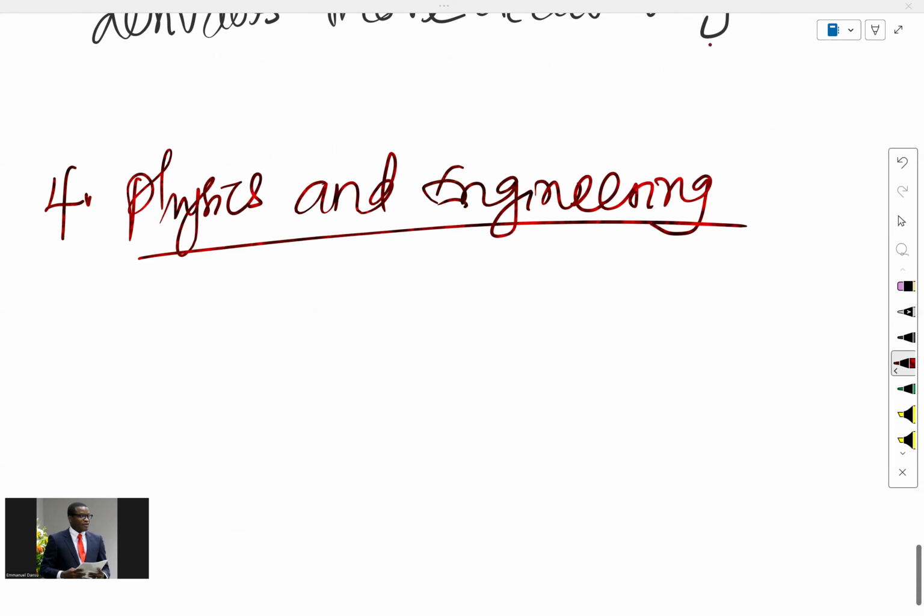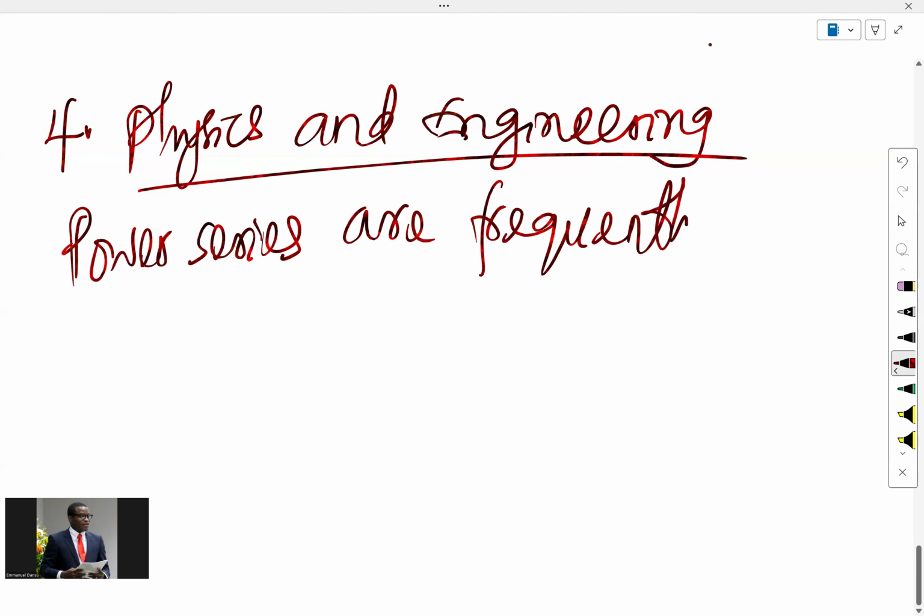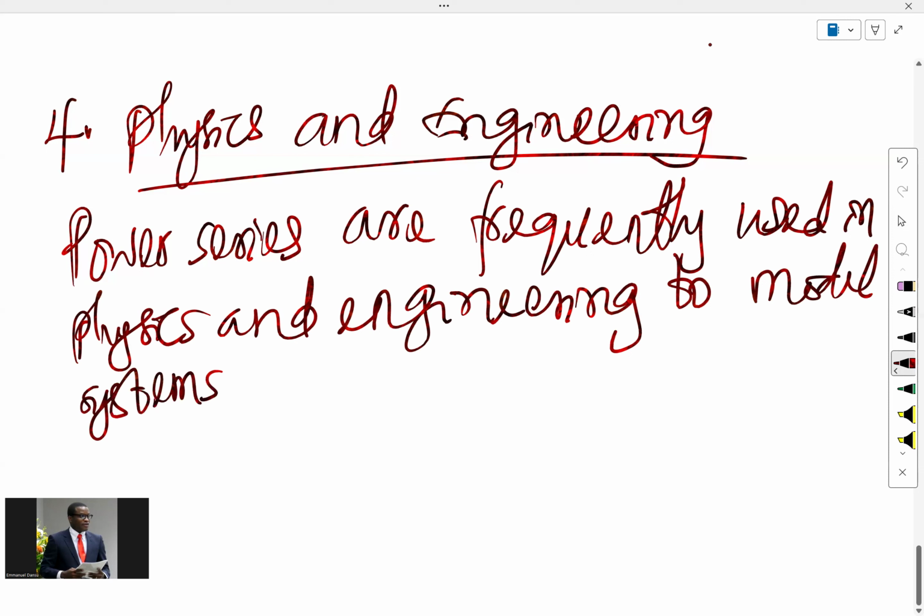Power series are frequently used in physics and engineering to model systems and solve problems involving small perturbations.